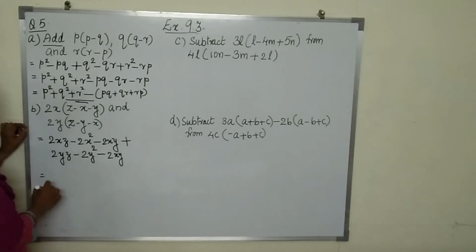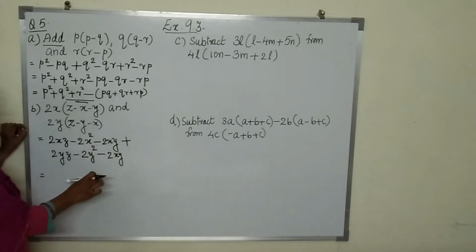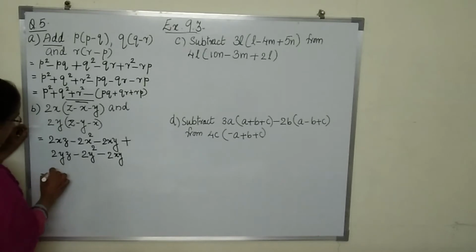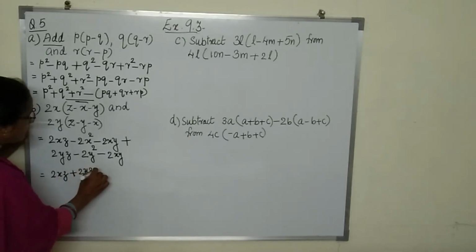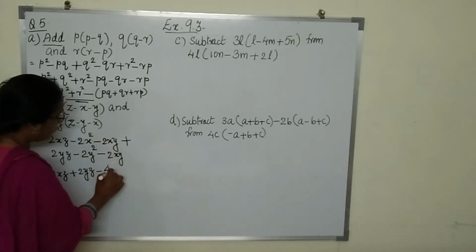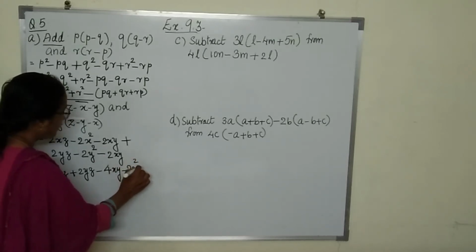So if you check here, you have xz, x square, then xy, yz, y square, xy. These two terms are like terms, so you can add them. The other terms you can write as they are. So 2xz plus 2yz, minus 2xy minus 2xy is minus 4xy, minus 2x square minus 2y square.